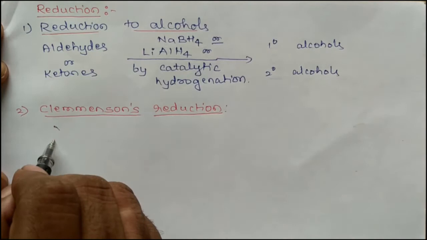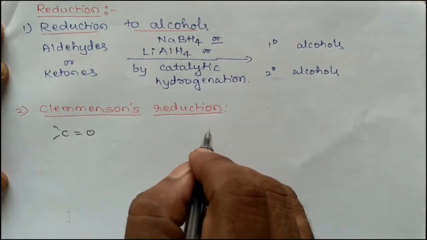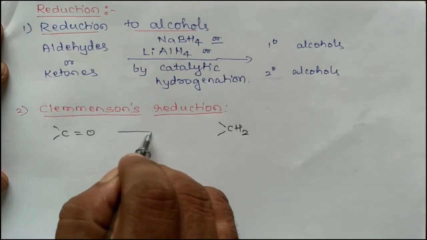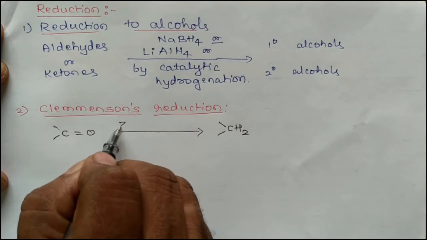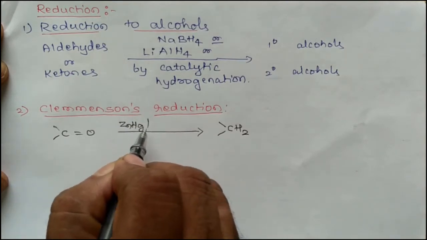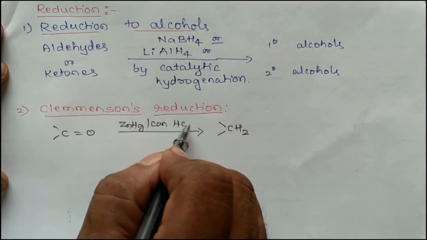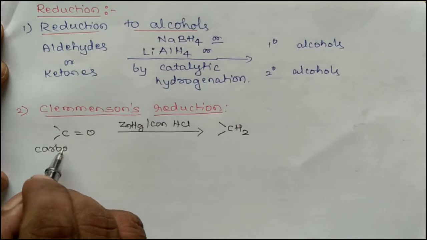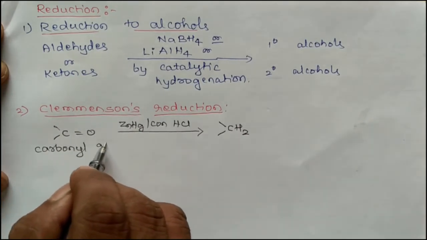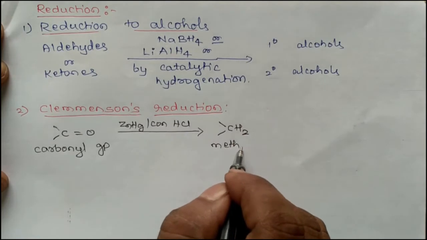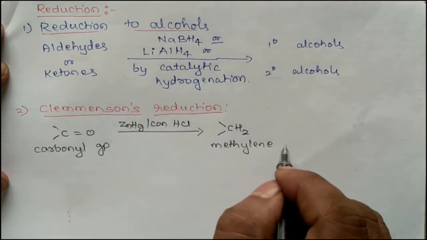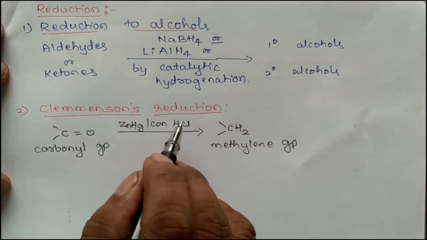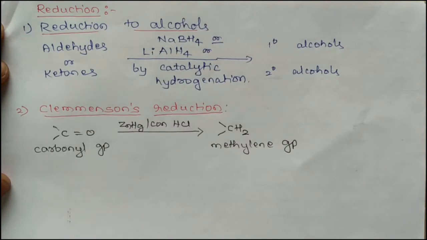Conversion of carbonyl group into methylene group by using zinc amalgam and concentrated HCl is known as Clemmensen reduction.